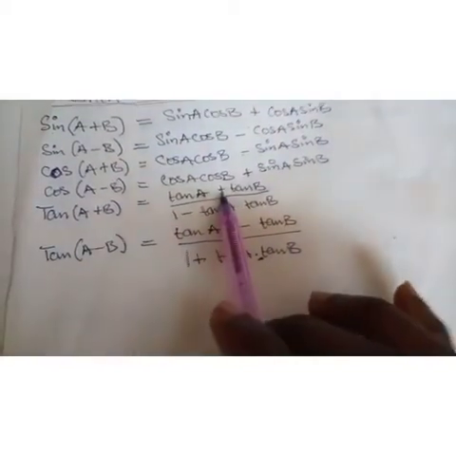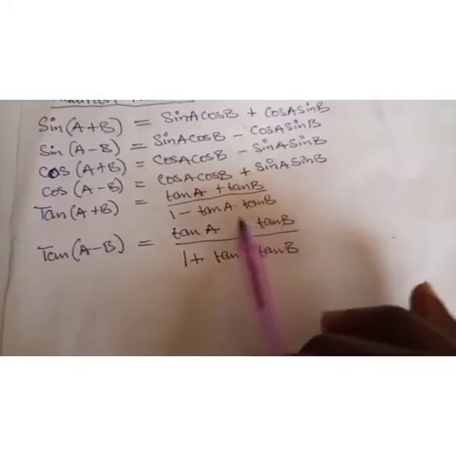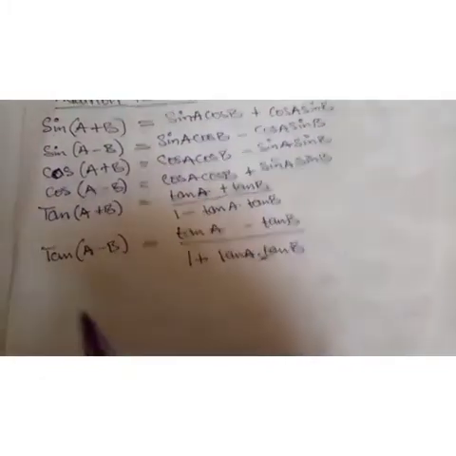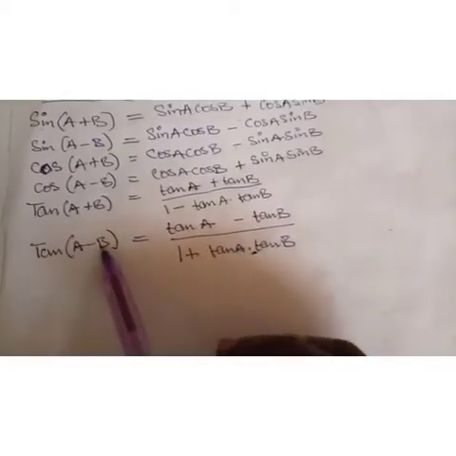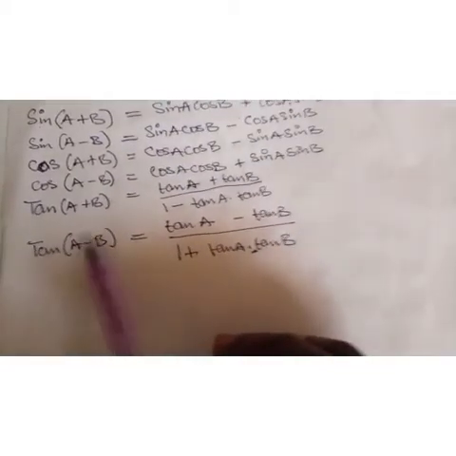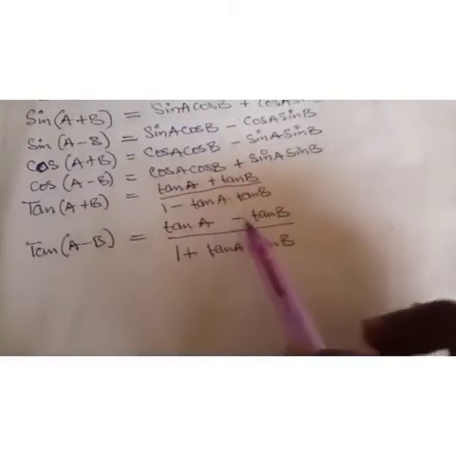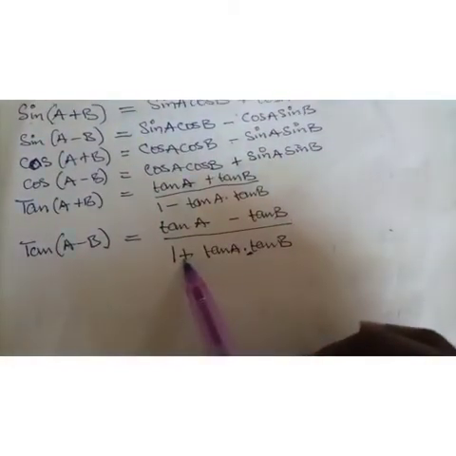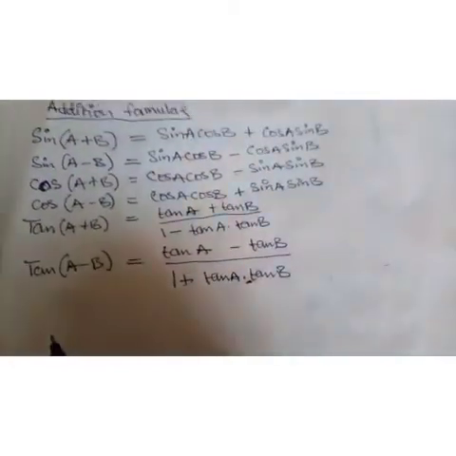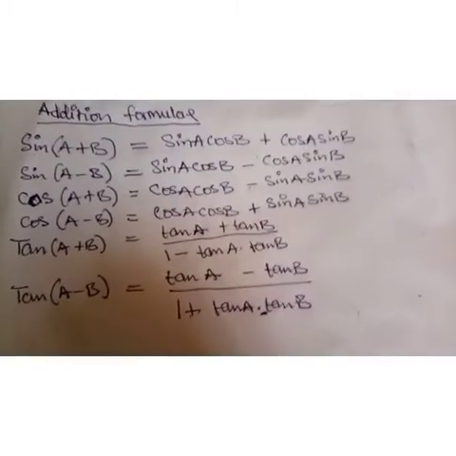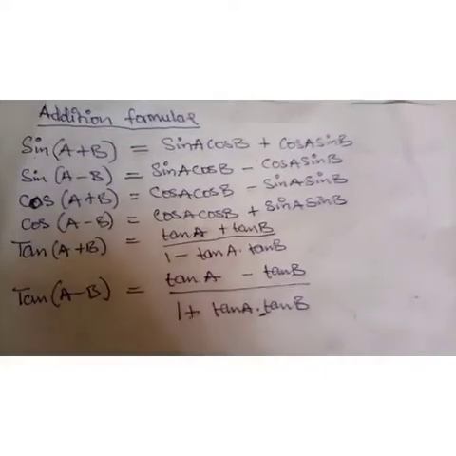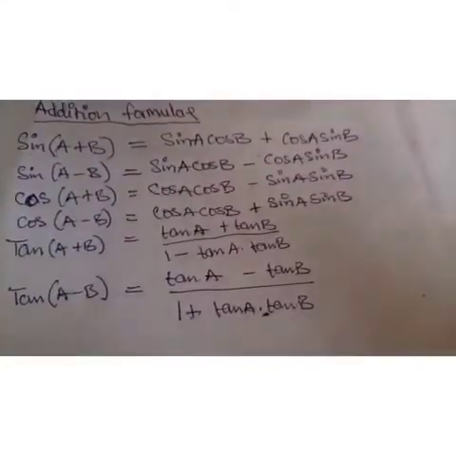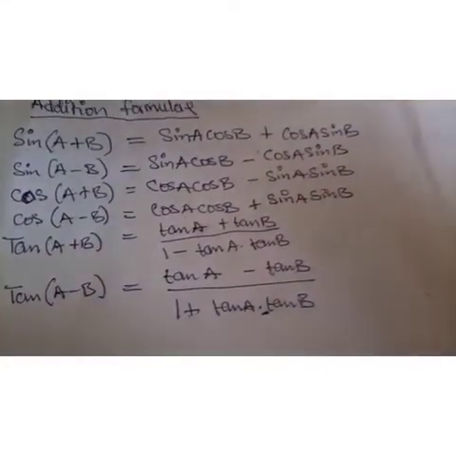You add here, but here it will be 1 minus tan A tan B. And when we have tan A minus B, when we have a negative here, it is negative, but here it's positive. So study this very well as we move straight to the examples. Stay tuned as I give you many more examples.